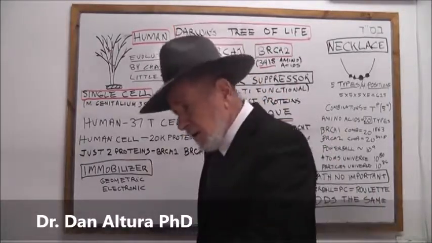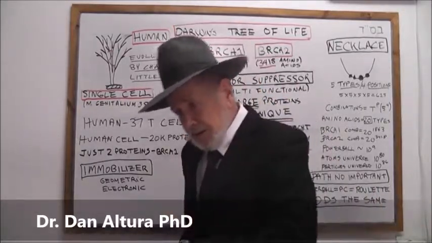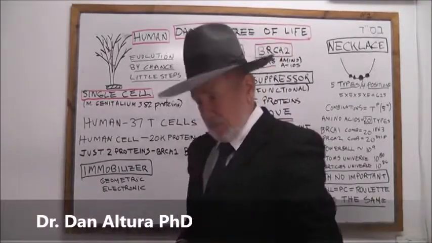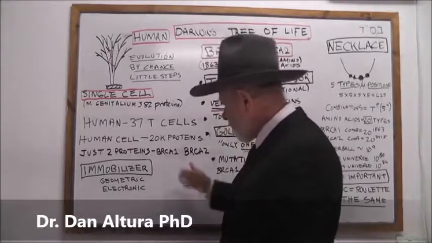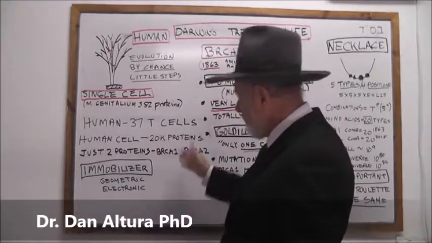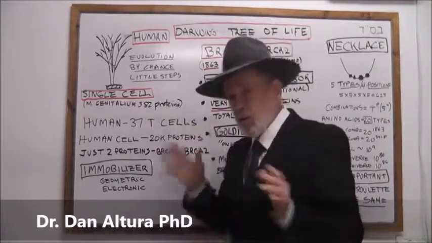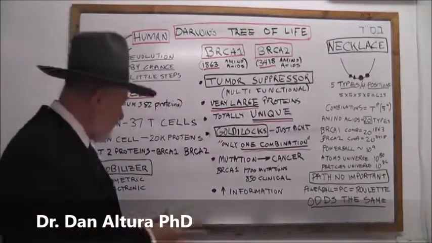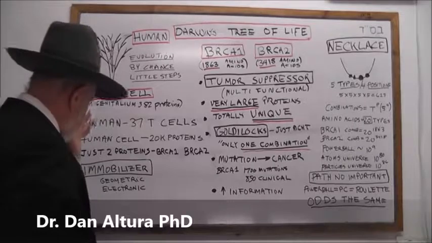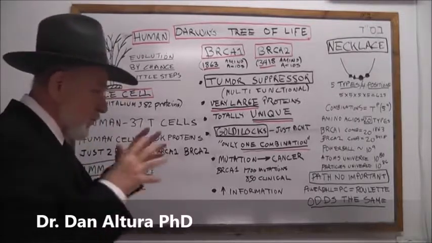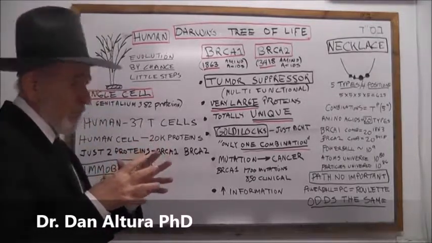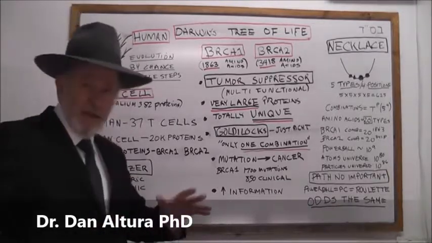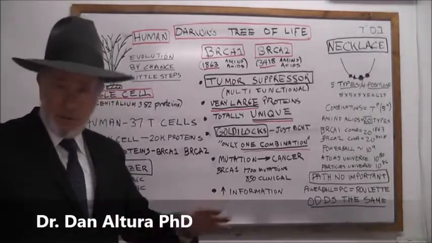If the code in the integrated circuit in the key is different from the code inside the steering column, the car will not start. And the same thing is true for proteins. In order for them to work properly, they have to be totally geometrically formed and also have an electronic component when they interact with substrates or other proteins.